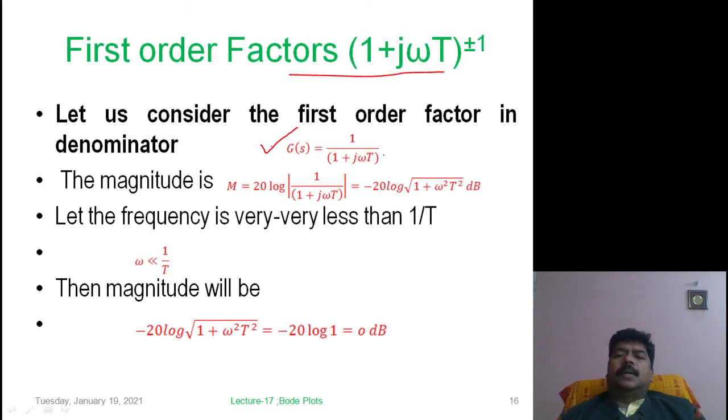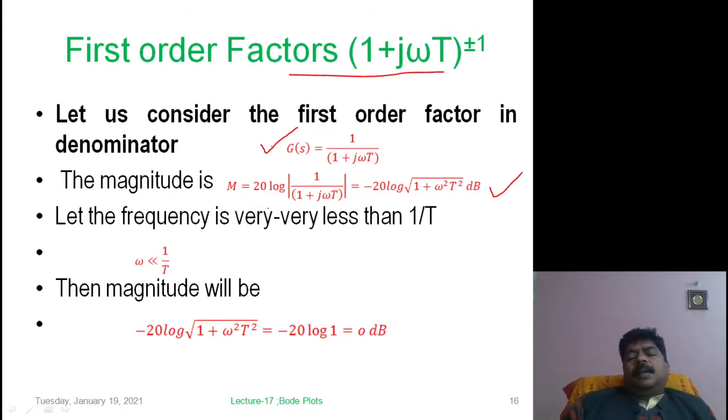Since we have to take the log of this and multiply it by 20, the magnitude of this factor will be 20 log of the magnitude of 1 upon 1 plus j omega t, or simply minus 20 log under root 1 plus omega square t square, in decibels.